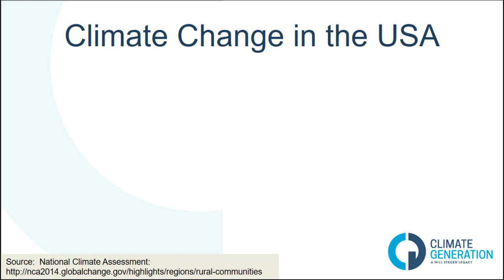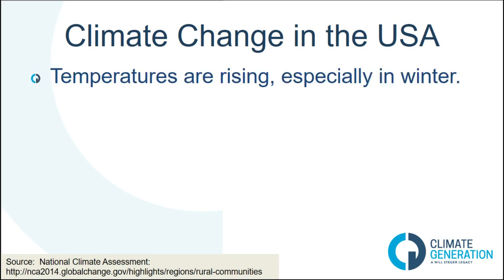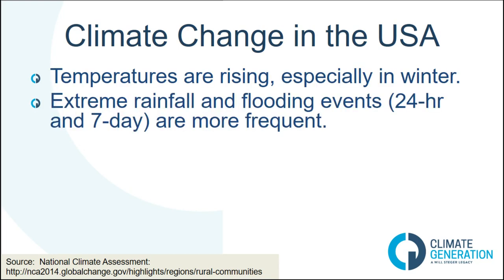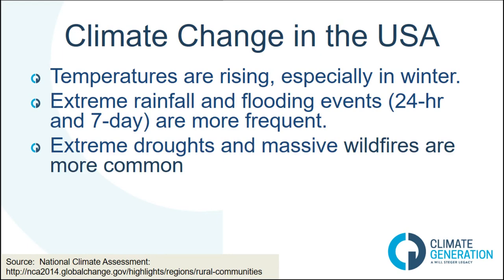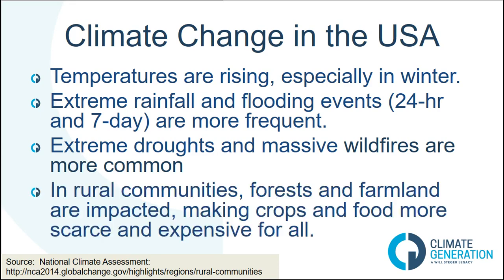Climate change in the U.S. Temperatures are specifically rising, especially in the winter. We have extreme rainfall and flooding events. Some are more frequent, some not as much. We have extreme droughts and massive wildfires, which are becoming way more common.